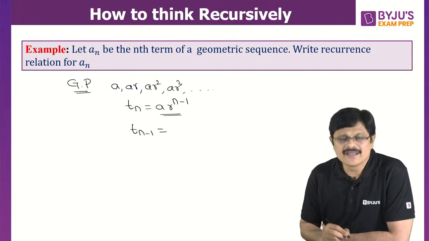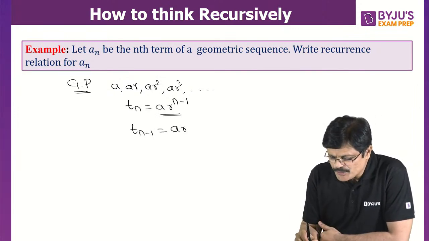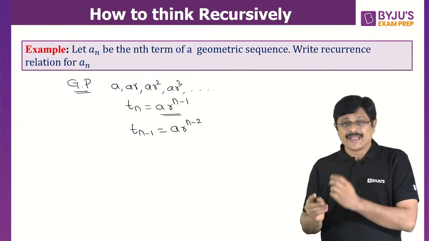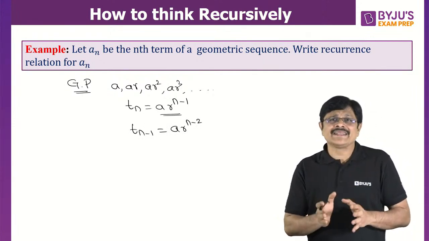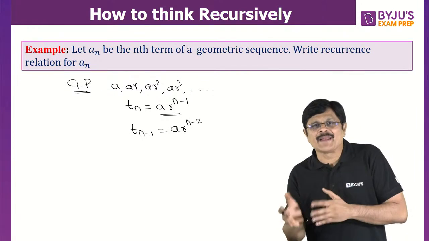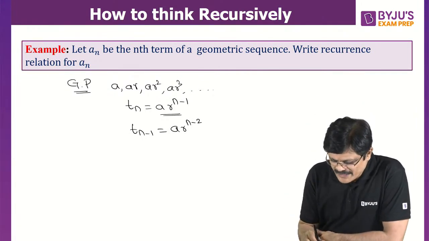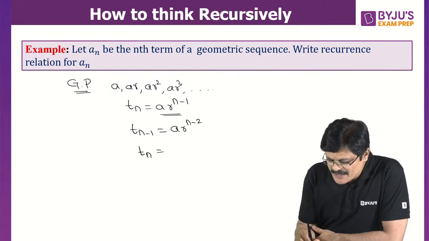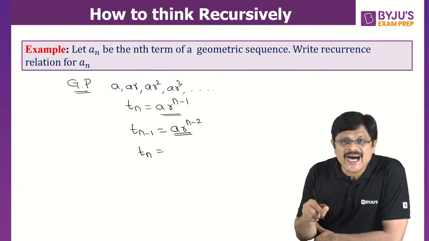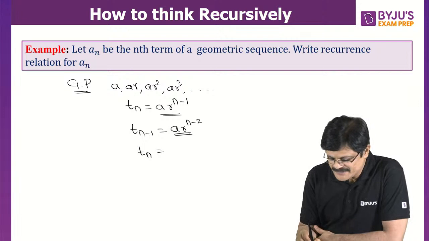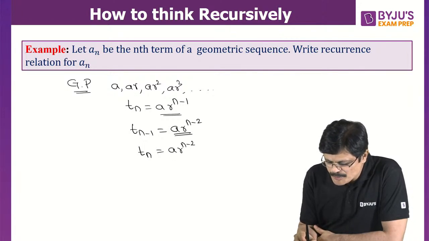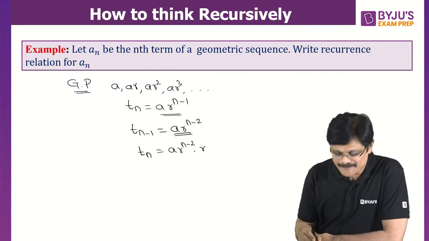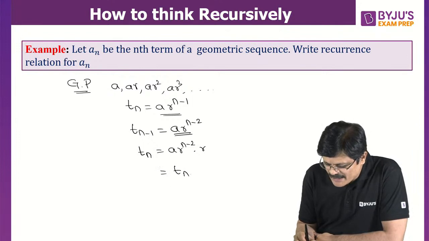According to this formula, it is A into R power n minus 2. If you multiply this with r, you're going to get the nth term. That is A r power n minus 2 multiplied with r will give you the nth term. So this is simply Tn minus 1 into r, which is Tn.